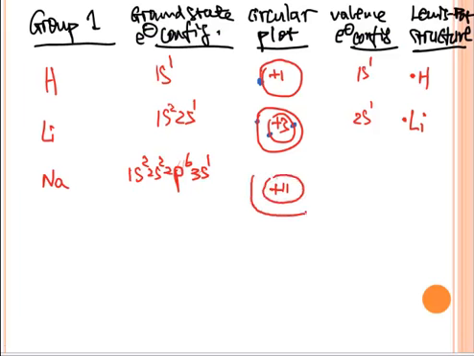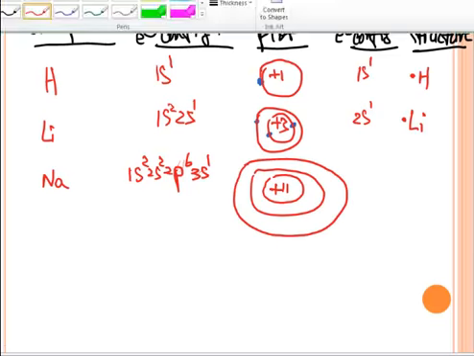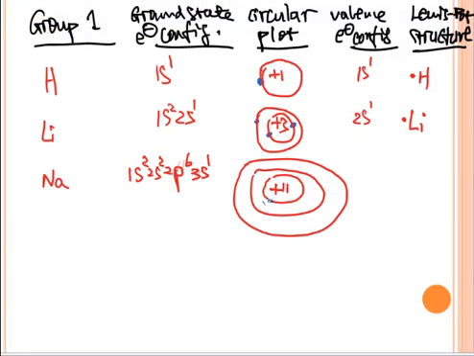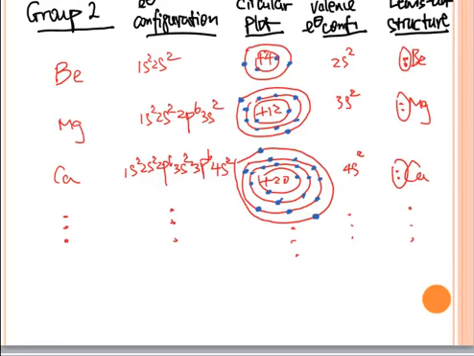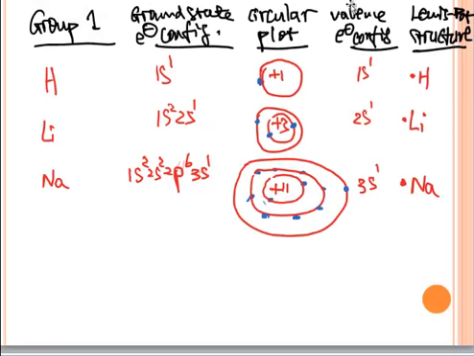Now we have 3 rings, and the electrons are arranged: 2 on the first ring, 8 on the second ring, and on the third ring we'll have 1. So we have 3s1, and sodium has a single dot.